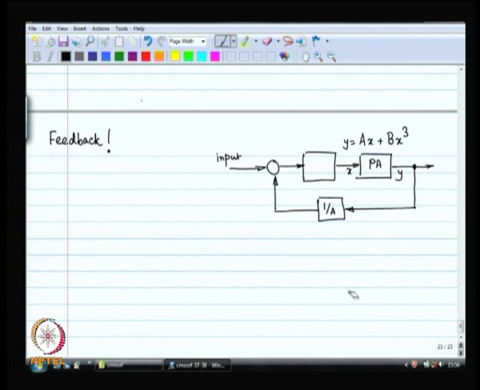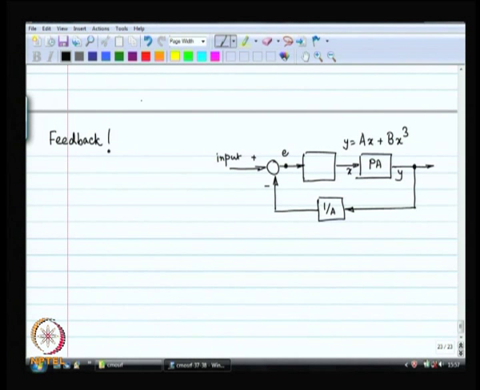All right. And of course I need a controller over there. This comparison gives rise to an error signal.